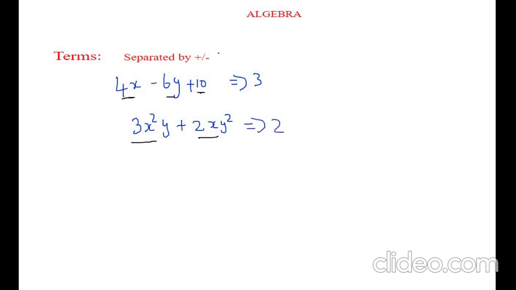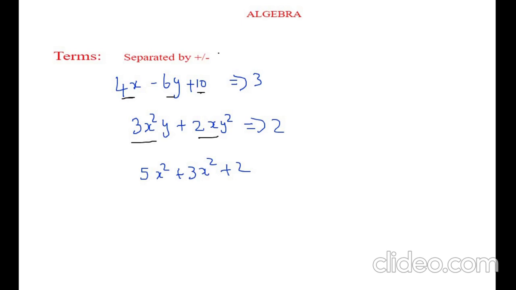So for better understanding, let me give another example. In case we have 5x square plus 3x square plus 2. So if I have something like this, here also these are separated by the addition sign, the positive sign, but x square and x square are the same variable.